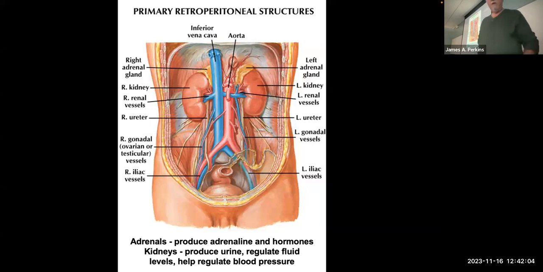The kidneys, of course, their main function is to produce urine, but through the process of producing urine and through the selective reabsorption of different ions, the kidneys regulate the balance of different ions in the body, things like bicarbonate ion, sodium and chloride ions.